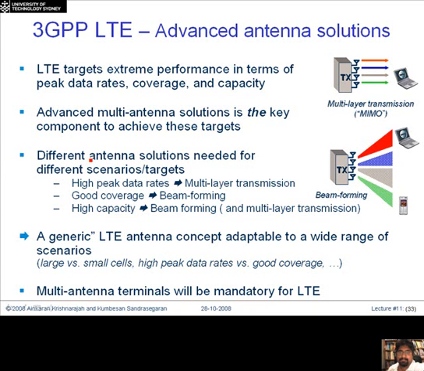Okay, we saw in the earlier slides that the peak data rate increases by a factor of 2 or a factor of 4 based on the number of antennas that you use. We can improve the coverage by increasing the maximum distance that you can have between the transmitter and the receiver. And you can also increase the capacity by increasing the maximum number of users that can be simultaneously supported.